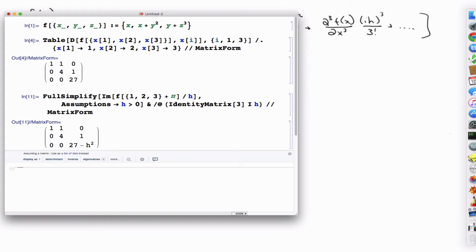Now remember I said it has order error h squared, so that's what this is. But how small can we make h?